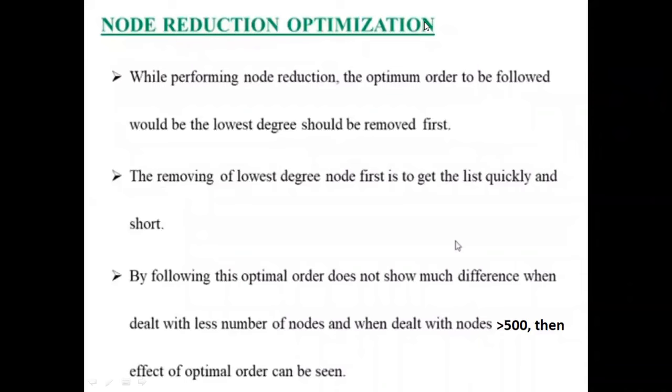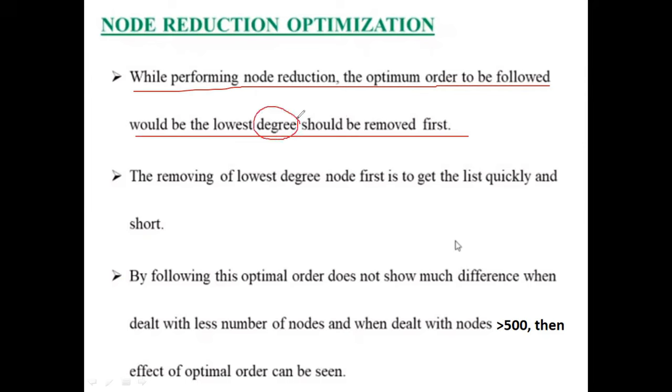Node reduction optimization. By performing node reduction, the optimum order to be followed is that the lowest degree node should be removed first. Degree is the sum of inner links and outer links.